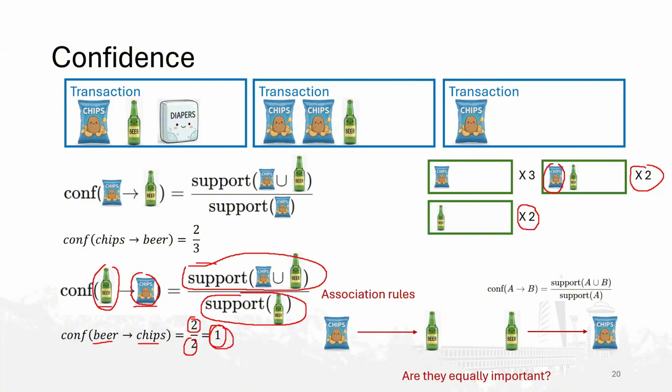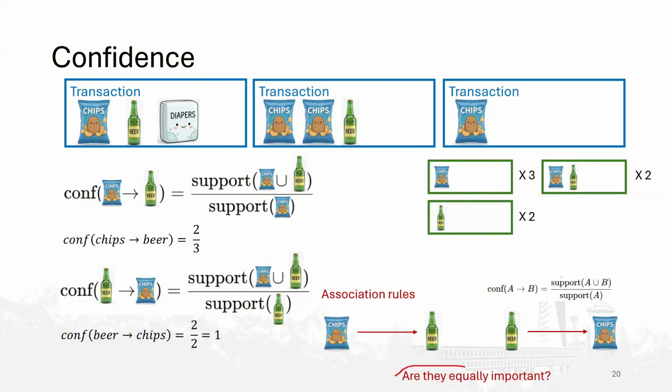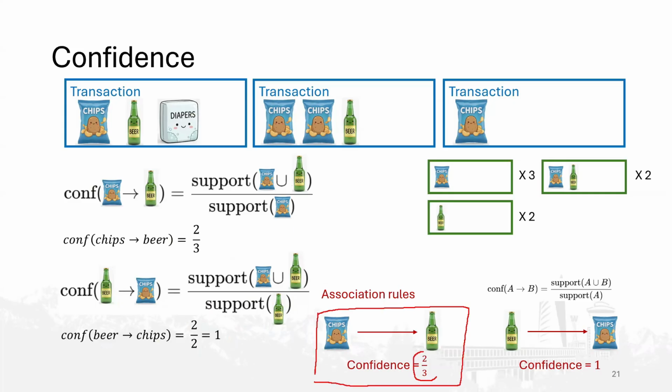So if you look at here, we can answer the question, are these association rules equally important, right? The answer is no, because if you calculate the confidence, you can see that the confidence for the first rule is only 2/3, right? But the confidence for the second rule is 1. So for this rule, we have more confidence.